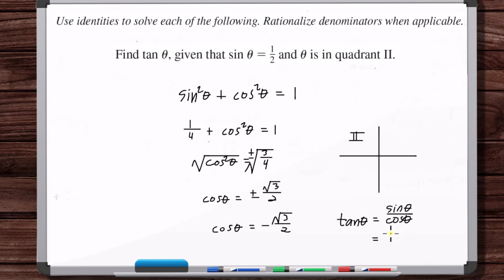Sine theta is 1/2 divided by cosine theta, so we do minus 2 over root 3. So minus 1 over root 3. Now we want to rationalize this, so it's minus root 3 over 3. So tangent theta is minus root 3 over 3.